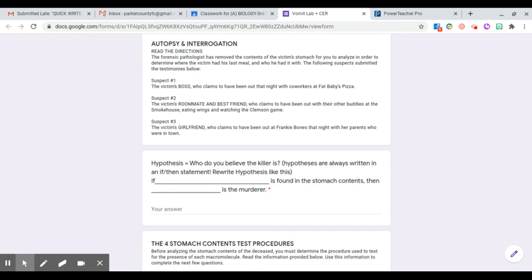Based on what you find in the stomach contents of the victim will tell you which suspect they ate with. So only one of these is correct. You'll need to test the victim's stomach contents, which we'll do here in a second, and then compare them to the suspects and tell me which one you think was the killer.